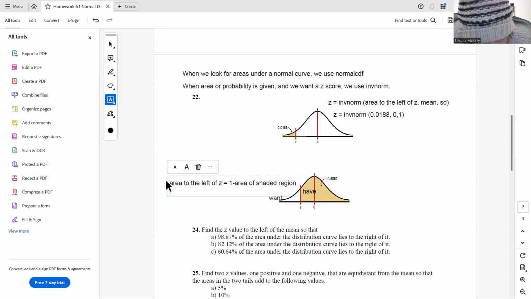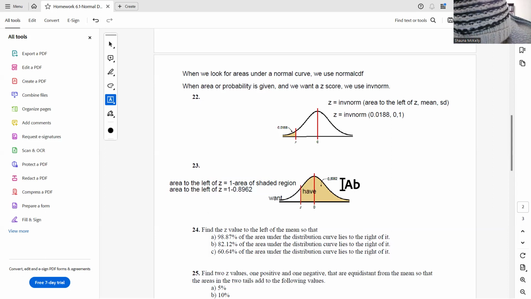That means the area to the left of z is going to equal 1 minus 0.8962. Now, you can simplify that, or you can just write it in.